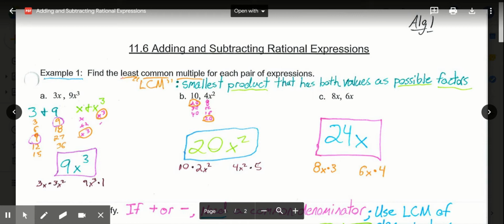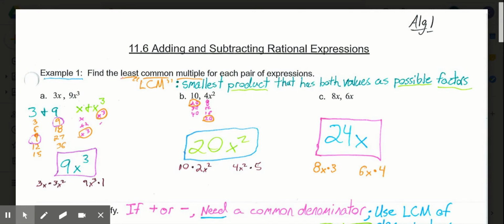So x to the first, times 1, would give us x to the first. Then we'd have x squared, x to the third, x to the fourth, and so on. And x to the third, the first one is x to the third.